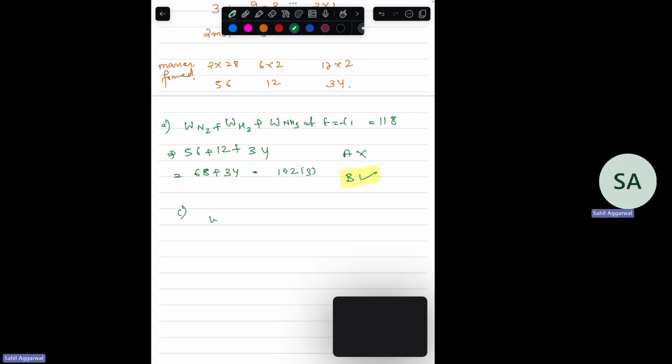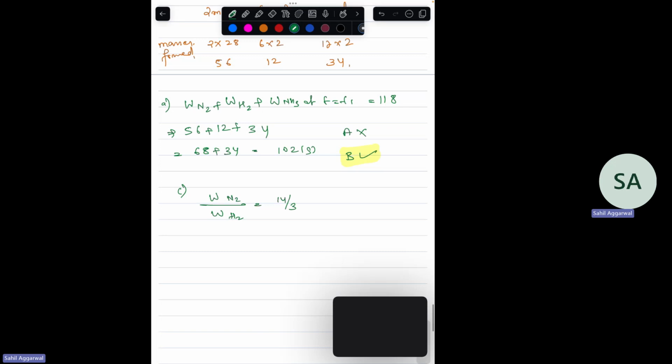सी में कह रहा है W of N2 डिवाइड बाय W of H2 इज 14/3. देख लेते हैं.